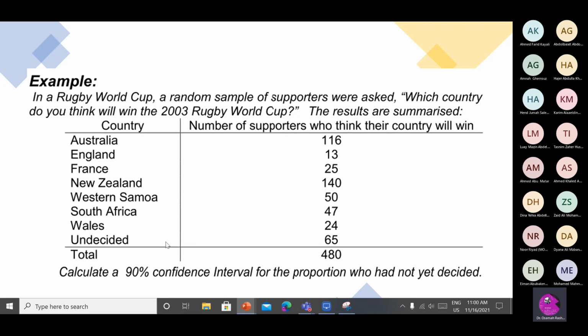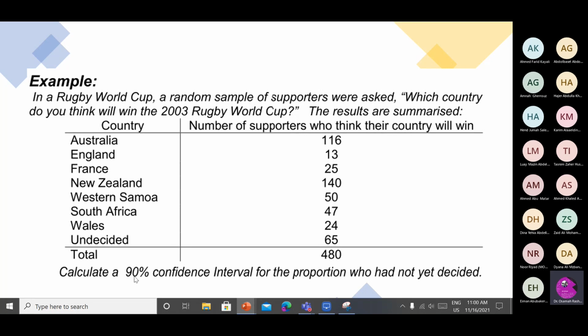Opposite to the confidence level, you have something called the level of significance, which I call alpha. If I have a confidence level of 90%, it means the level of significance alpha will be 100% minus 90%. Sometimes you are not given alpha, the level of significance, you are given the confidence level. Fine.